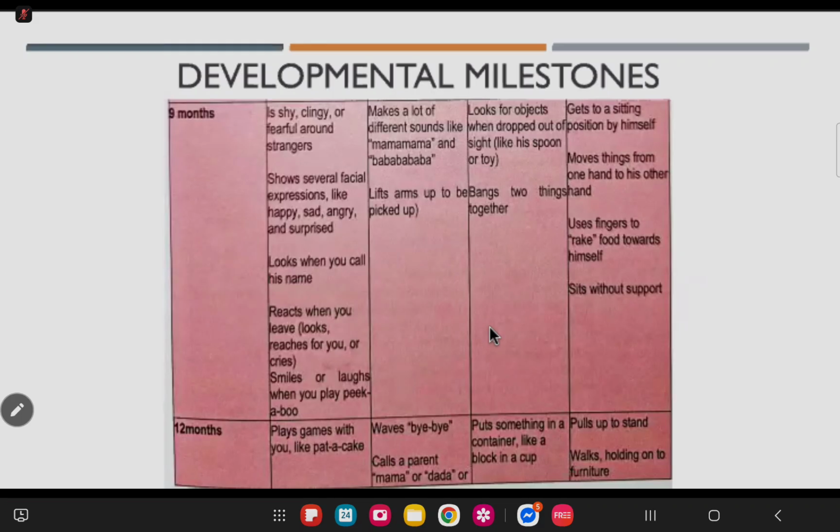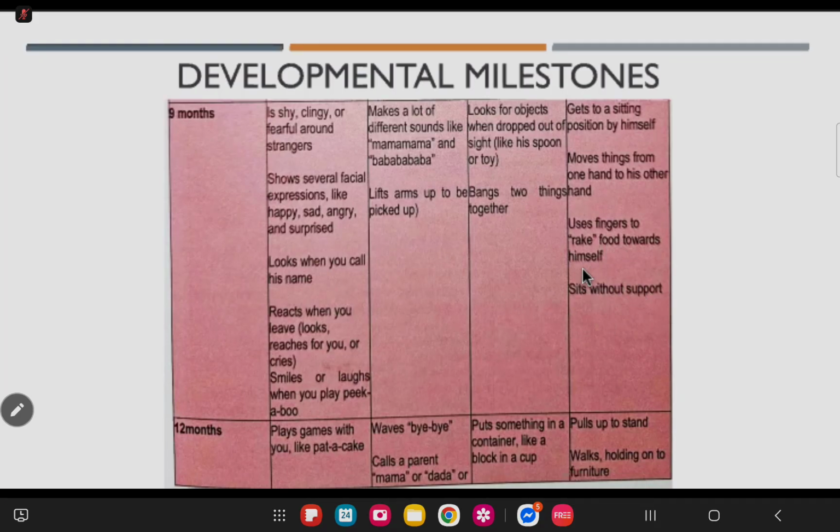And okay, what else? They also make other sounds. So they already say mama, mama, baba, baba, da, da, da, da. Okay, repetitive sounds that sound alike. What else? They already bang two things together and they start to sit. Okay, they sit without support.